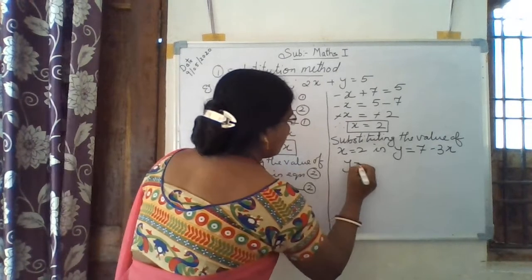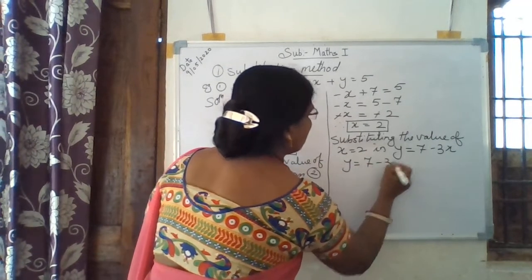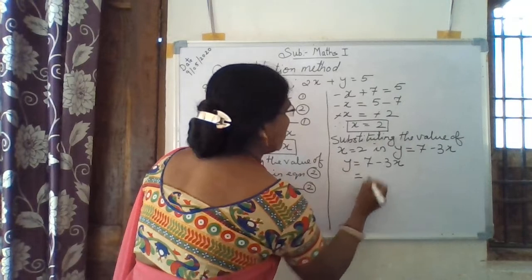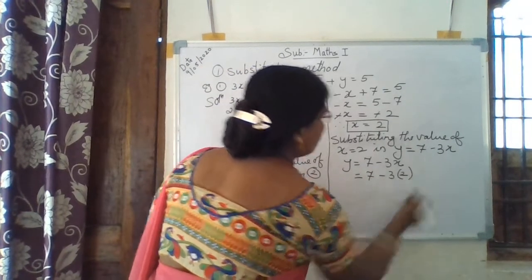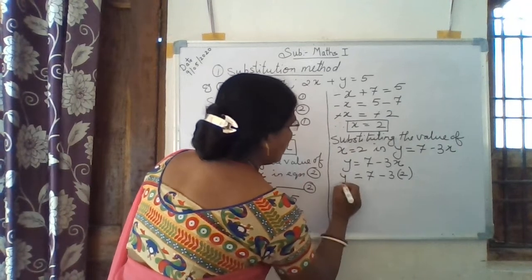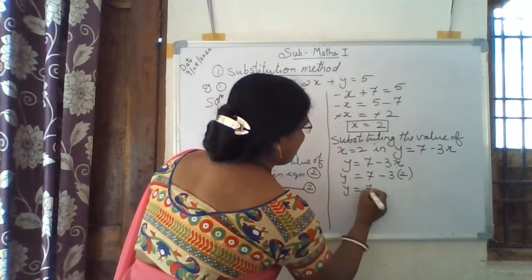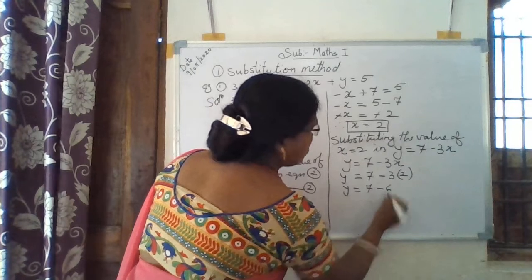So, write y equal to 7 minus 3x. So, this is equal to 7 minus 3 into x value 2. So, y is equal to now 7 minus 3 into 2, which is 6 here.